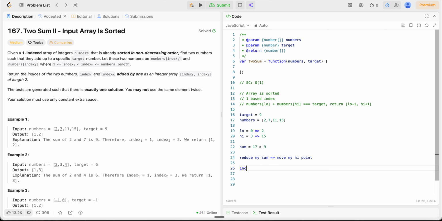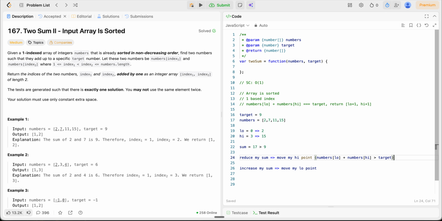Let's say I have to increase my sum. What should I do? Move my low pointer. But how do I know that I have to reduce the sum? If numbers of low plus numbers of high is greater than my target, then I'll have to reduce my sum.